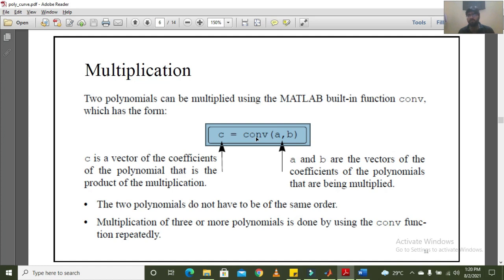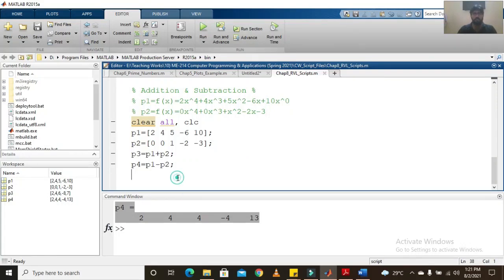There will be 2 input arguments, and these input arguments will be the arrays of your polynomials. Let's say I have a polynomial p1 and a polynomial p2, and I want to multiply them with the help of the conv function. We can multiply them, and let's do the example. It will be much better to understand with the help of an example.